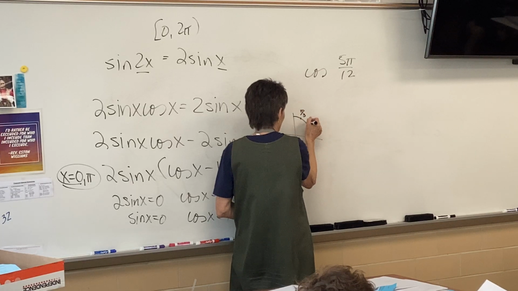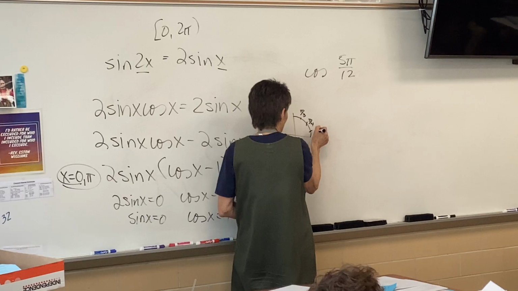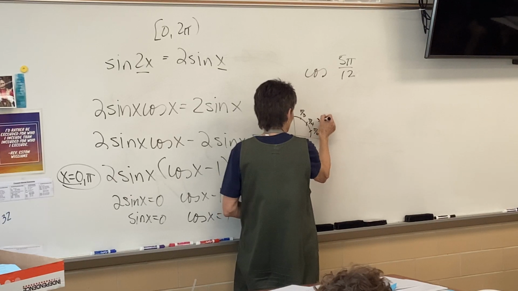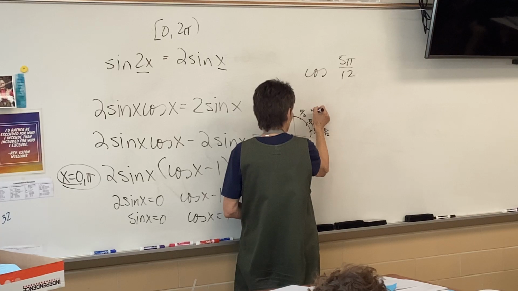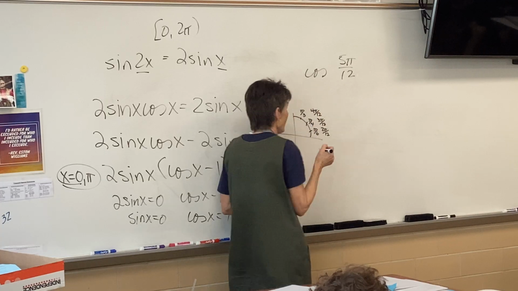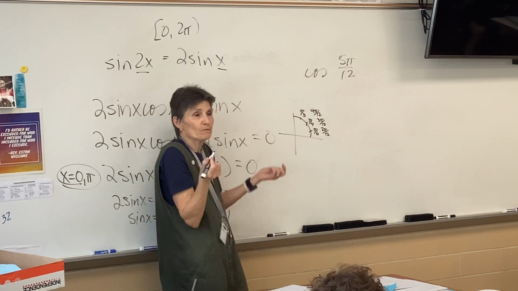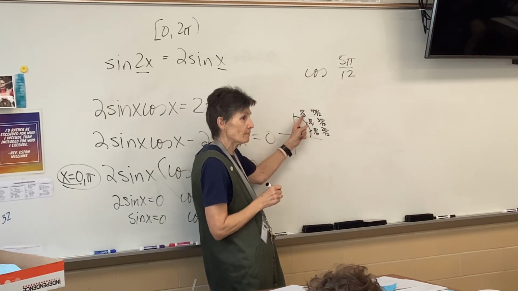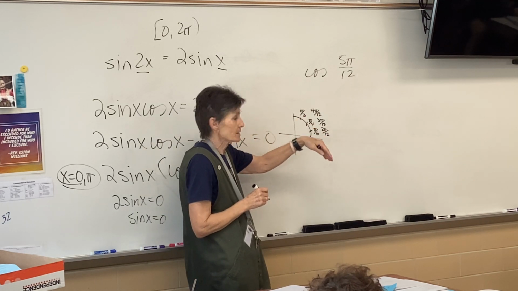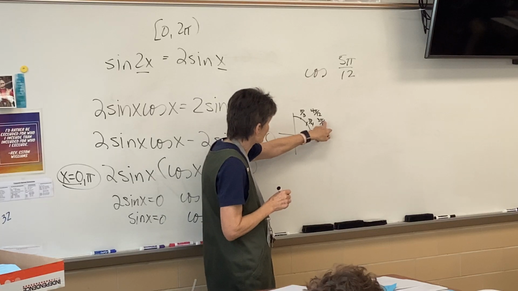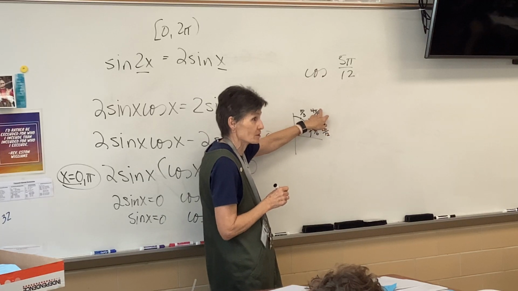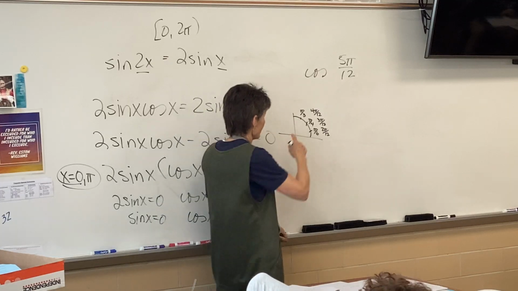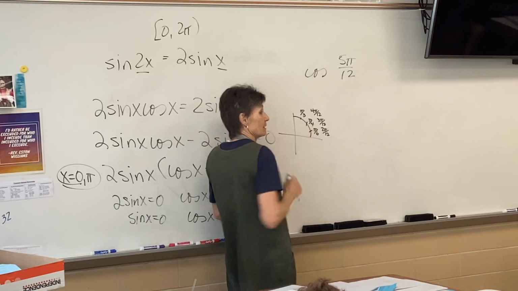One option, if you're struggling a little bit, these are our unit circle angles, right? Make them 12ths. So I've got 2 12ths, 3 12ths, and 4 12ths are my main angles. So is there any way I can combine any of that and get 5 12ths?